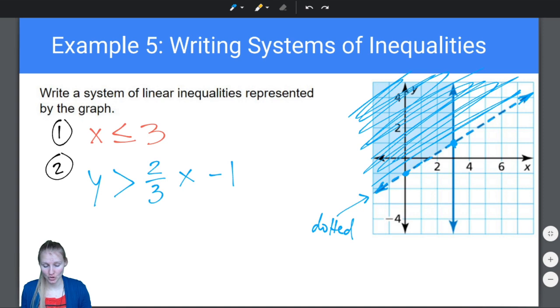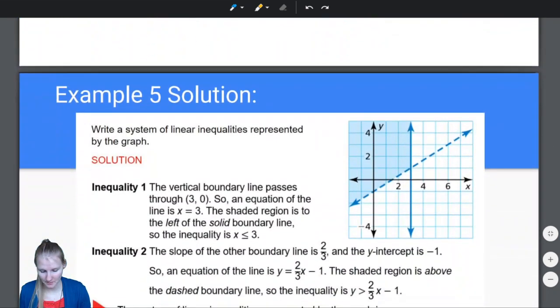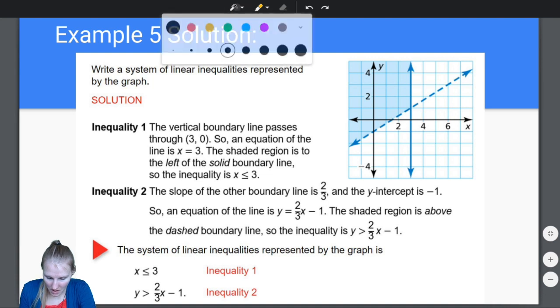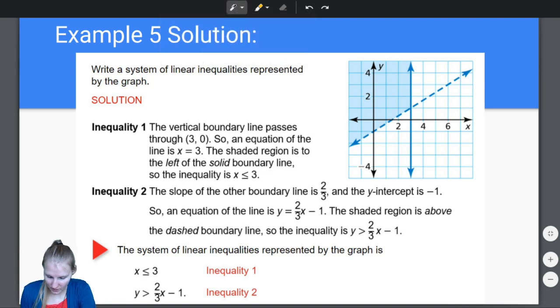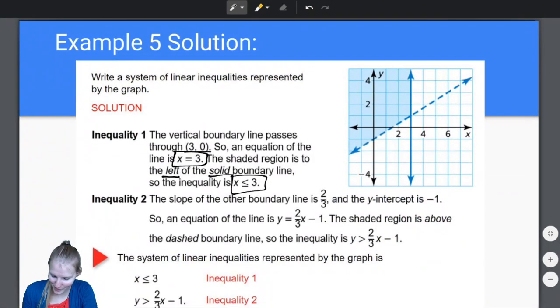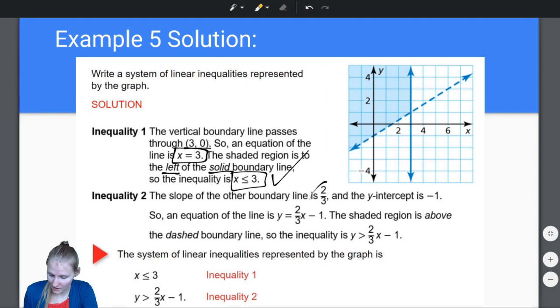Okay, let's check and make sure that we were correct. The vertical boundary line passes through 3, 0, so an equation is x equals 3. The shaded region is to the left of the solid boundary line, so we have x is less than 3. Perfect. The slope of the other boundary line is 2/3.